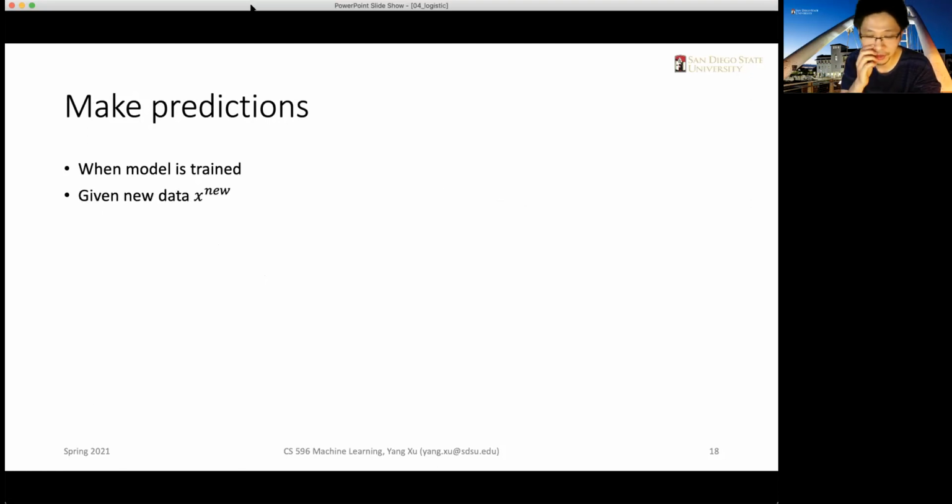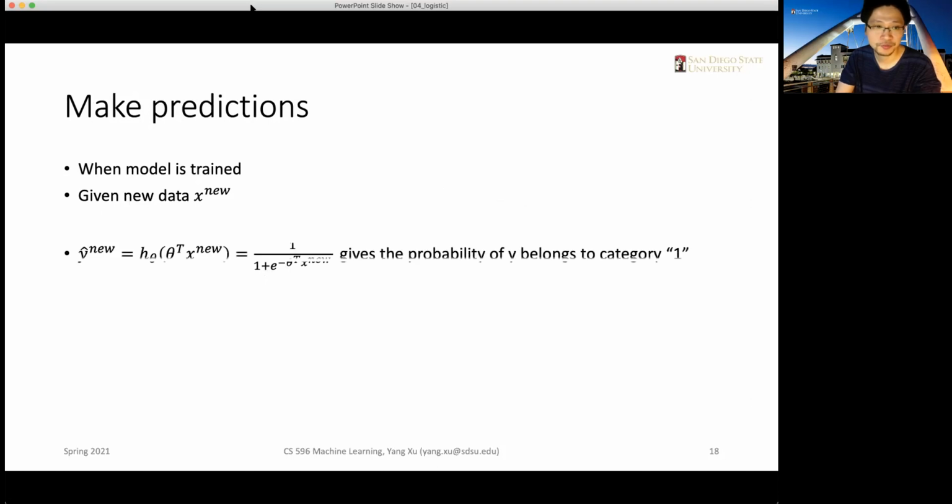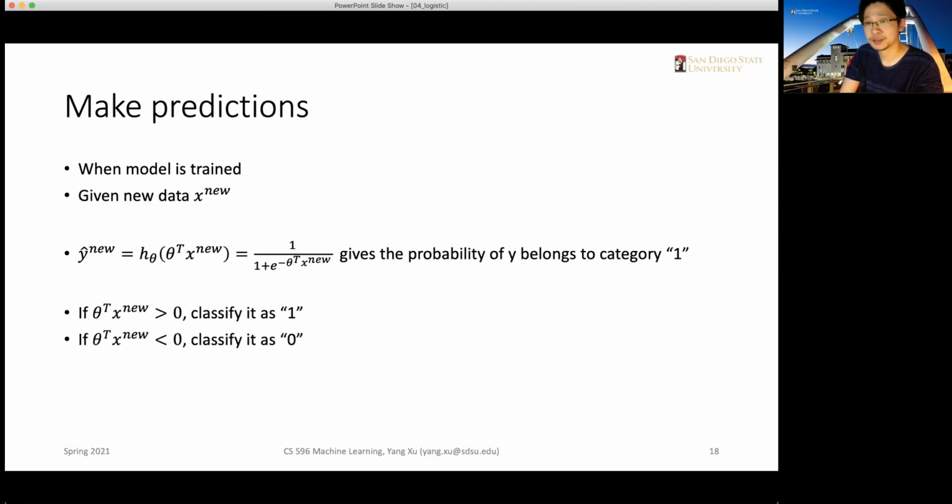Given any new data point, x new for example, we can use the model h theta of x, the sigmoid of theta transpose times x, to make predictions. It outputs the probability that y belongs to 1. In a simpler way, if we don't want to know the probability, we can just use the linear combination, theta transpose times x. If it's positive, then we say it's 1.